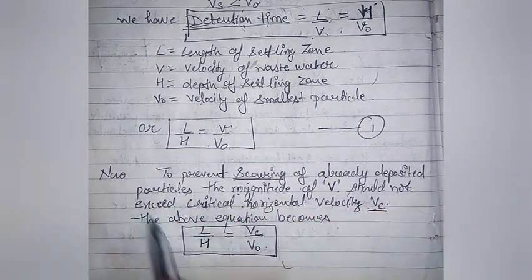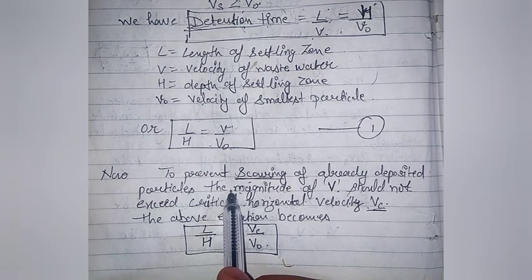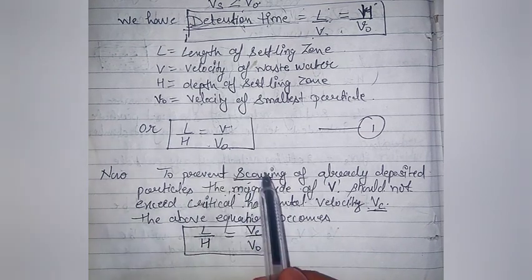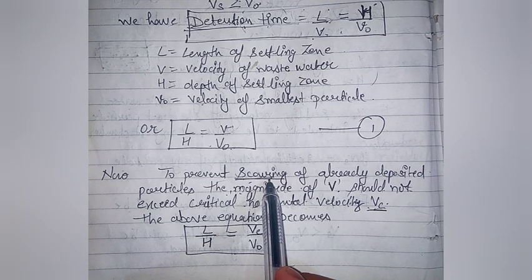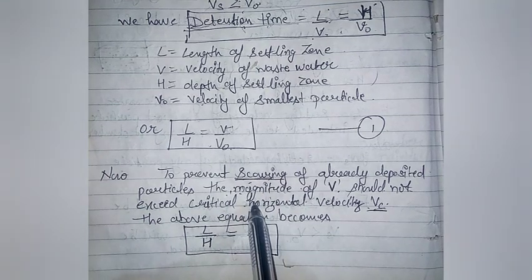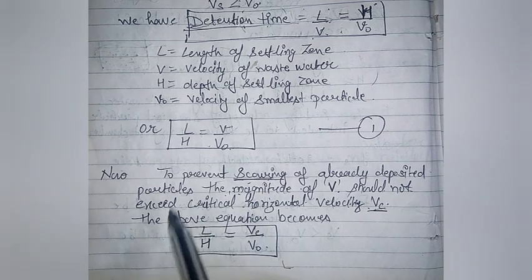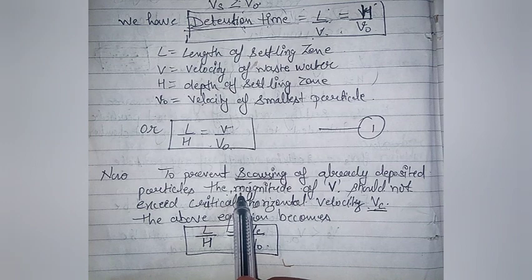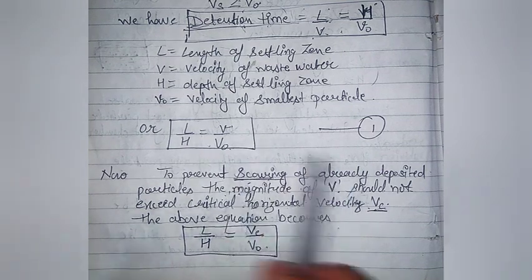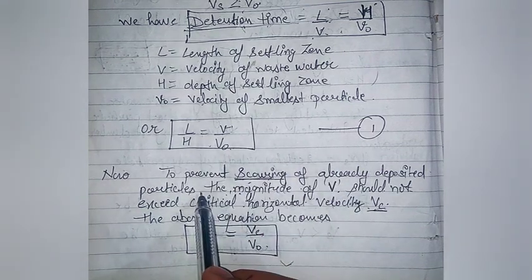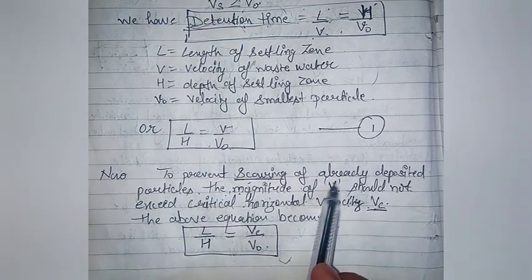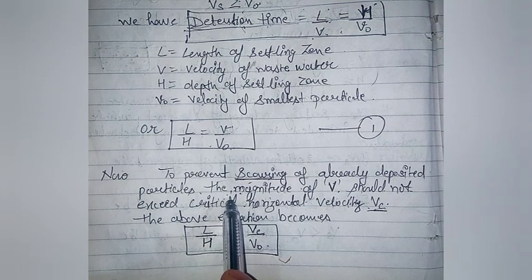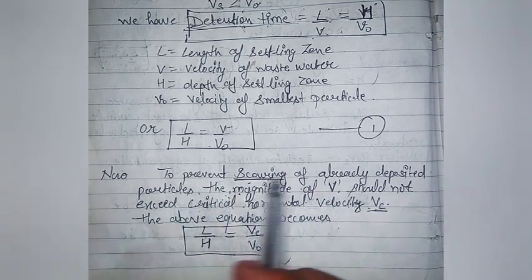What we are saying here is that when settling of the grit particles takes place in the grit chamber, these particles settle down at the bottom. So to prevent the scouring of these already deposited particles, the magnitude of V, the velocity of wastewater, should not exceed the critical horizontal velocity.